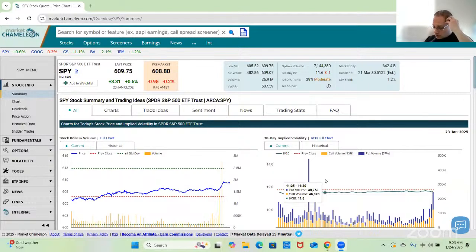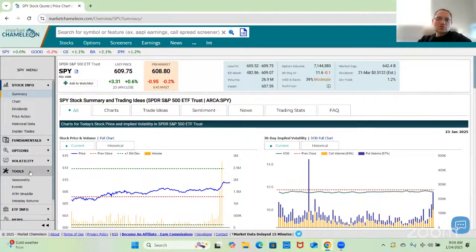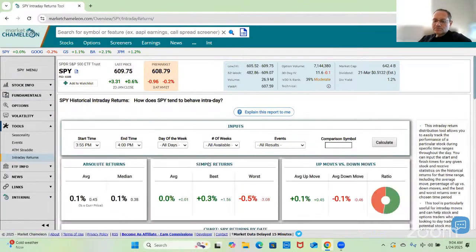Okay, so we're going to take a look at this tool, and I'm going to use SPY in our example. If you type in SPY up here, you're going to land on this summary page. If you go to the left-hand side under tools, you'll see intraday returns. So click on that, and then you come to this intraday tool analyzer.